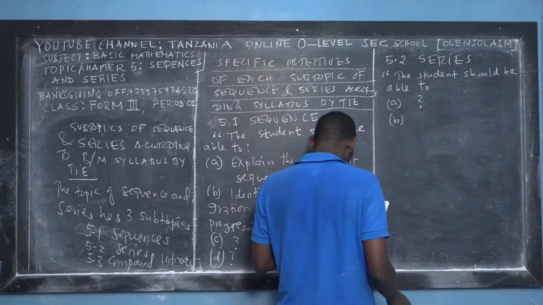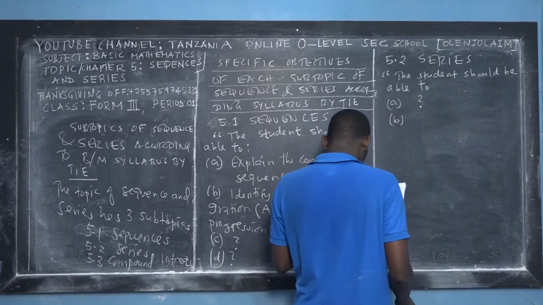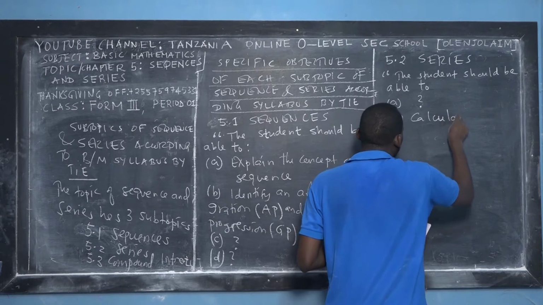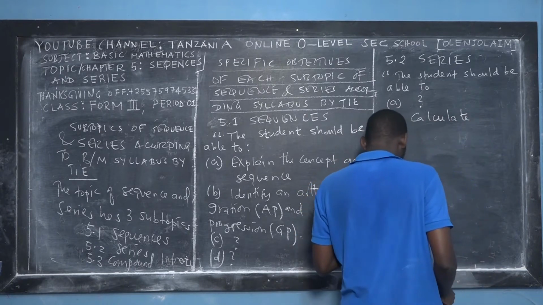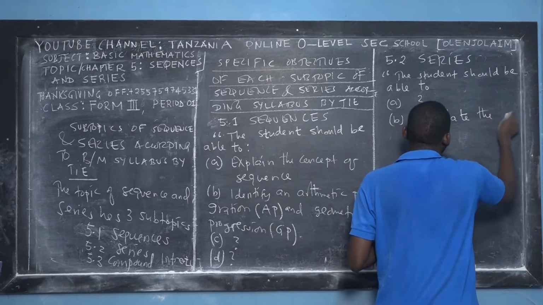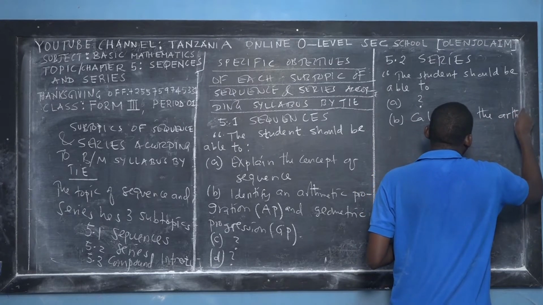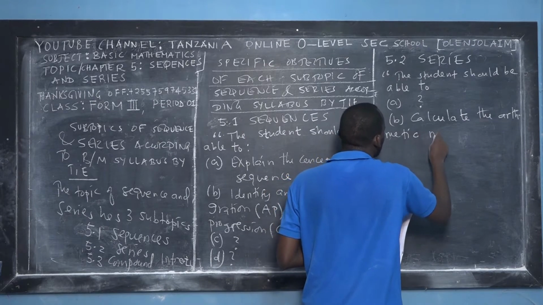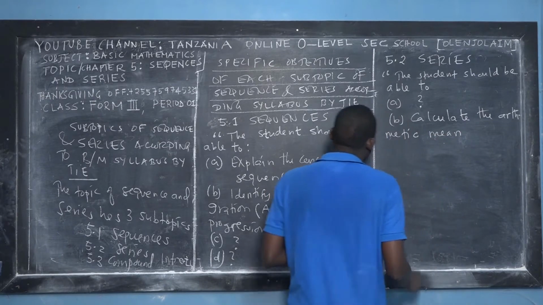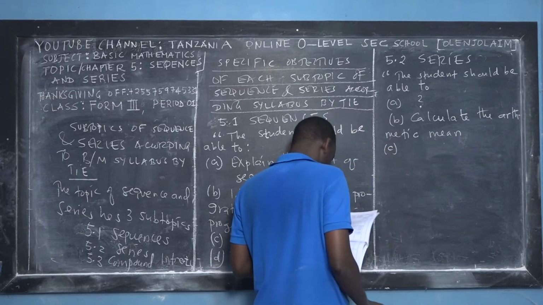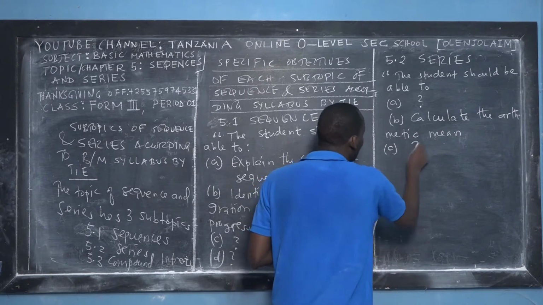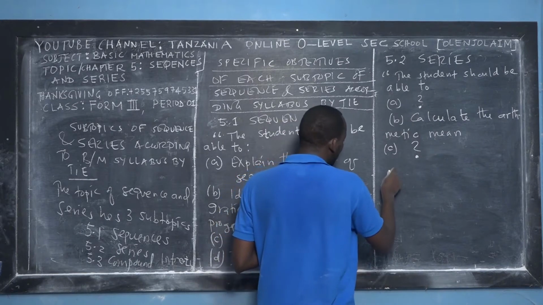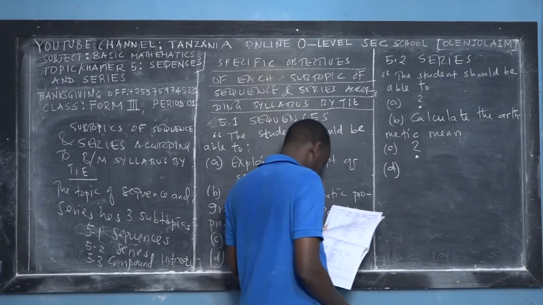B, let me mention the B specific objective: the student should be able to calculate the arithmetic mean. And then C, you should fill in this blank after you get the syllabus book.